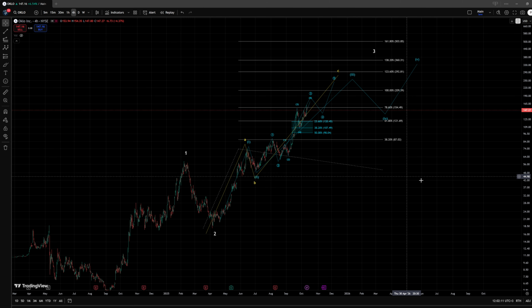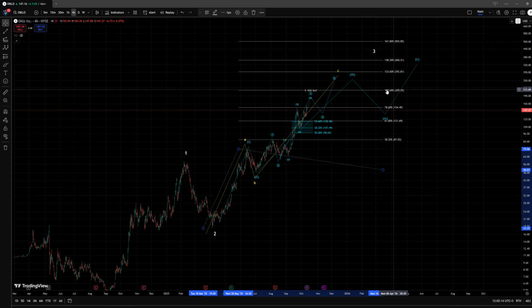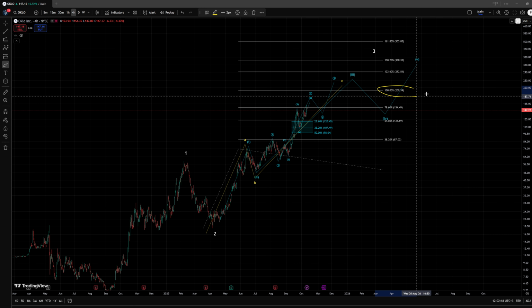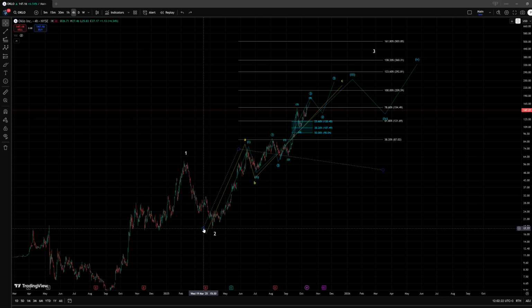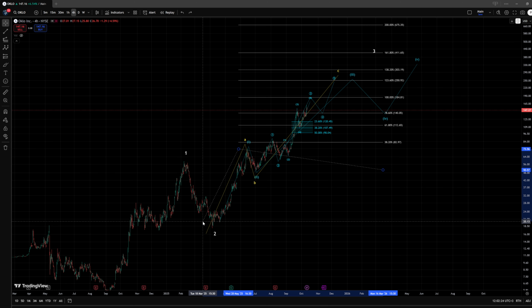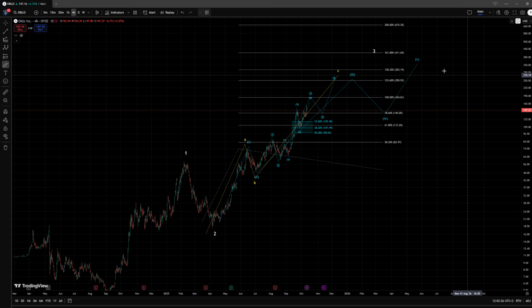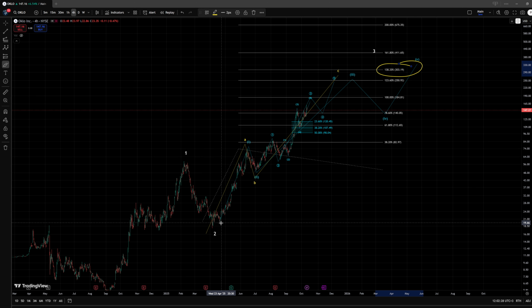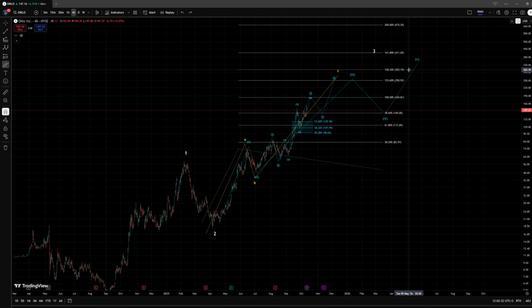In the idea of an ABC pattern, I would be looking for an ideal target for this wave C around the $209 level, whereas if it was a third wave to the upside, I would be looking at an ideal target for the wave 3 at the 138.2% extension of this wave 1, where this would be an additional 1, 2 here, at the $303 level instead.